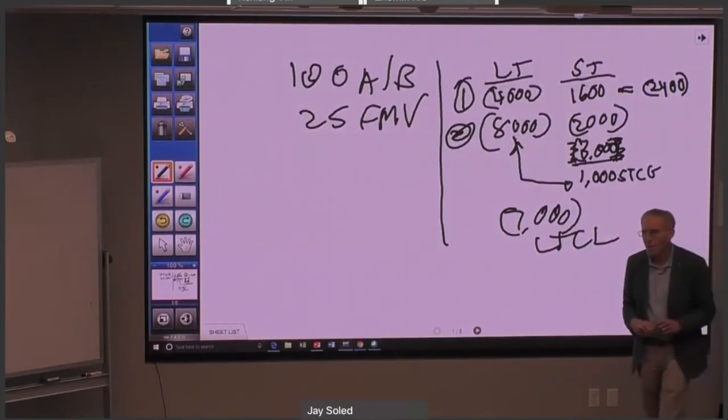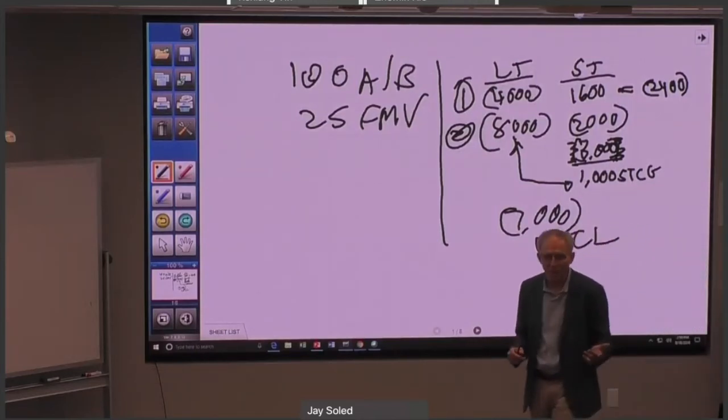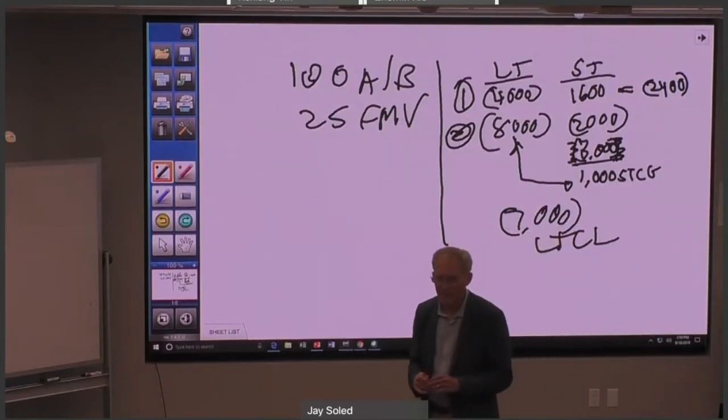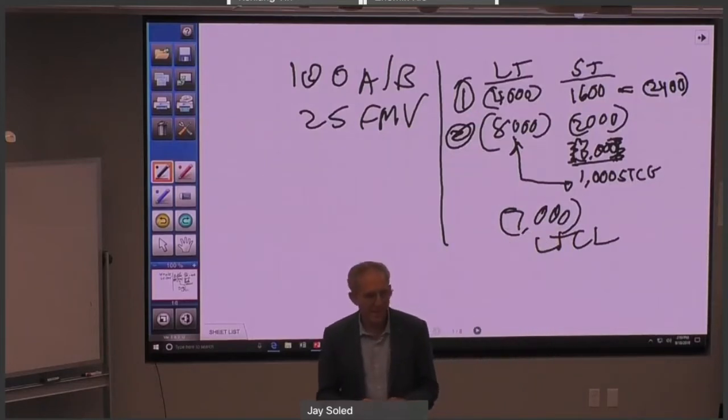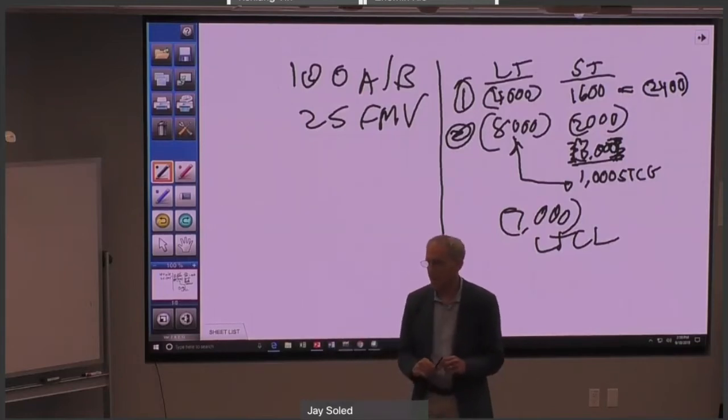Now, we've been talking for the last hour or so, and towards the end of last class, about capital losses. But one definitional question we've left in abeyance is what is a capital asset, right? What is a capital asset? Agreed?